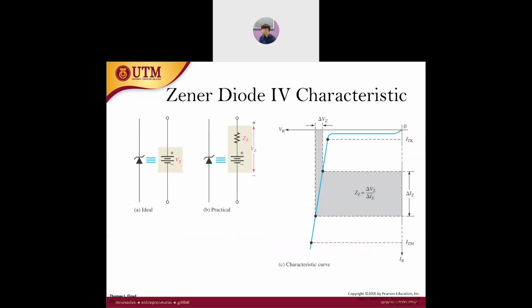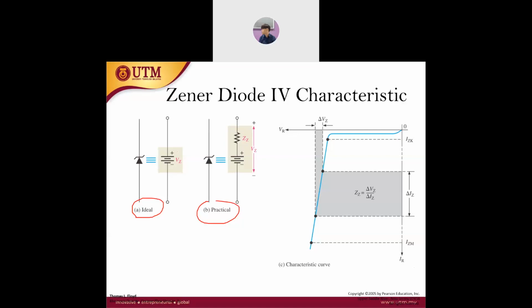Okay, for the ideal diode and the practical diode model for the Zener diodes. For the ideal model, because it operates in the breakdown region, it is reverse biased.